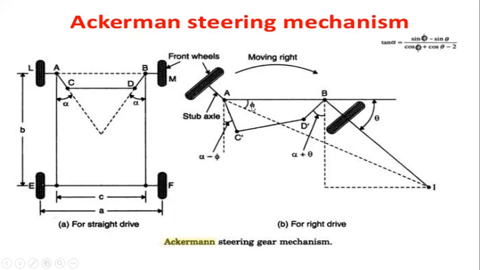Here you can see in the picture, the outer wheel angle is phi and the inner wheel angle is theta with respect to the instantaneous center. So for the inner wheel we are taking the angle alpha plus theta, and for the outer wheel, relative to the straight line motion, we are taking alpha minus phi.